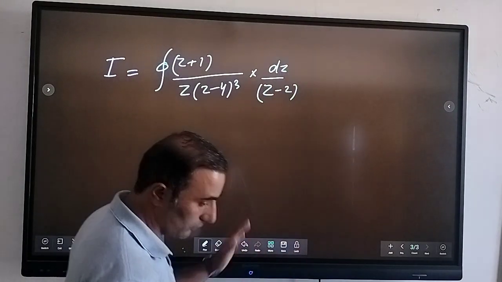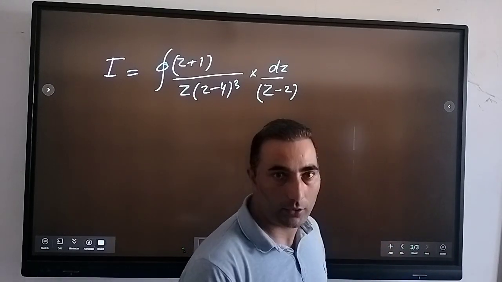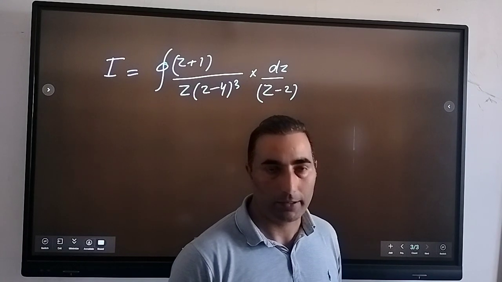This will be first. When we check at z equal to 2, the function is not analytic there.